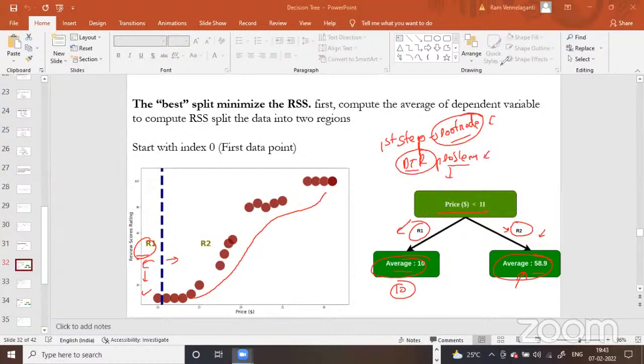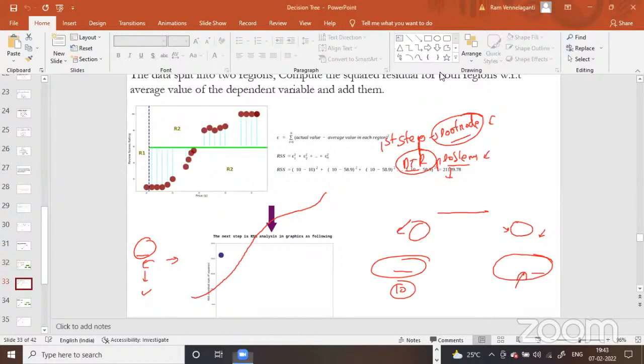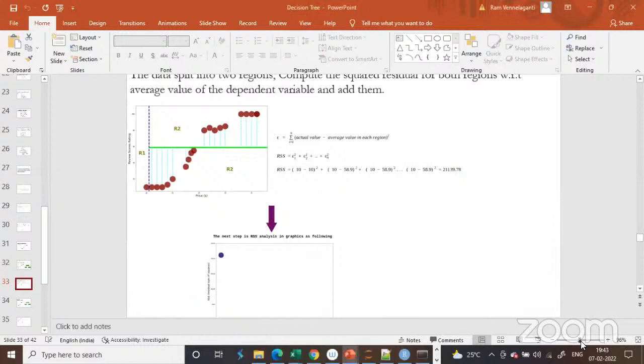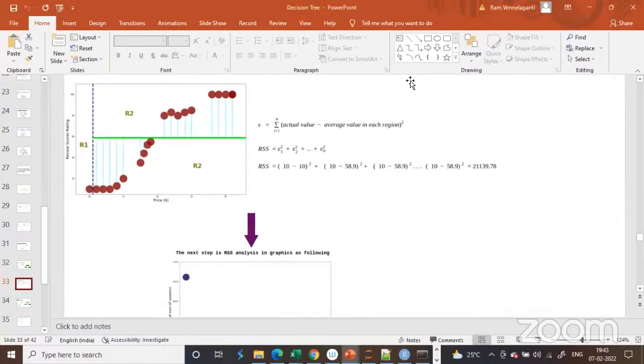Next, find out your residual sum of squares. Residual sum of squares is nothing but the square of the difference between your actual value and your average value in each region. So for region 1, what is the actual value? 10.